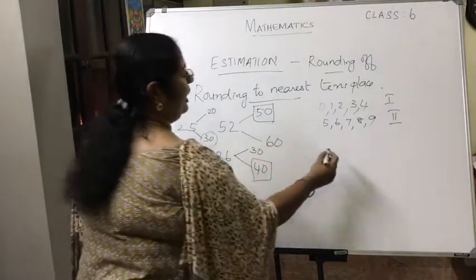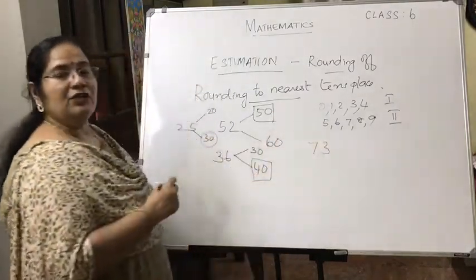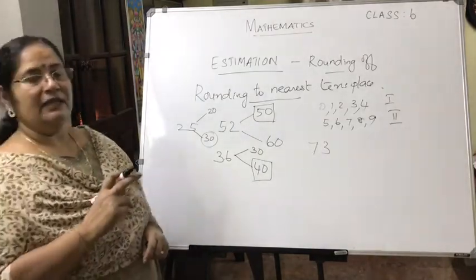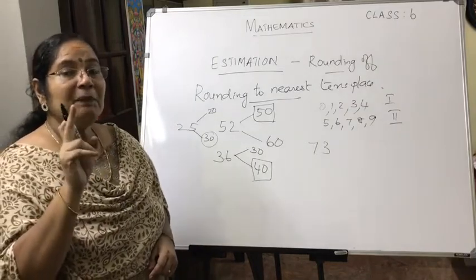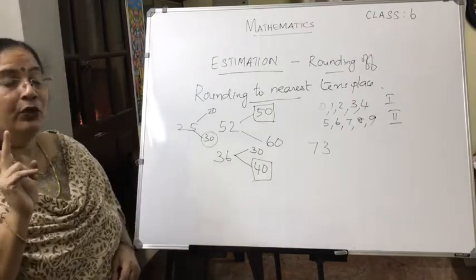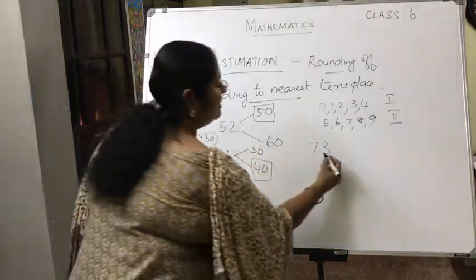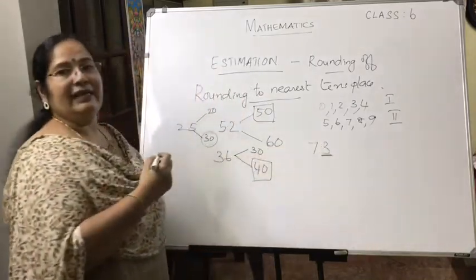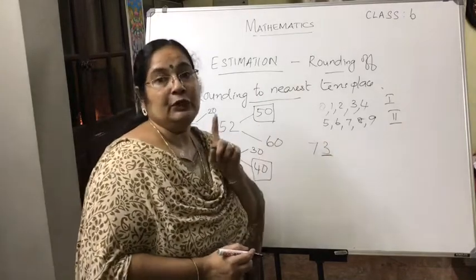Now suppose you have a number, say 73. You are asked to round 73 to the nearest tens place. So I told you, if you are asked to round a number to the nearest tens place, you will look into the ones place digit. What is the digit coming here? Here it is 3. We are underlining 3. Now 3 comes in which group? The first group.